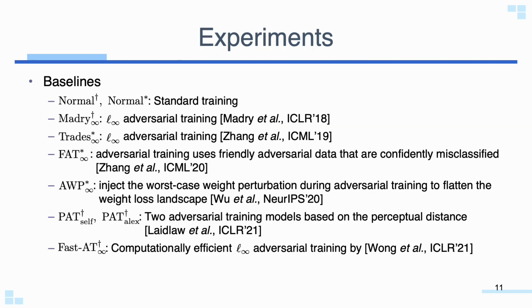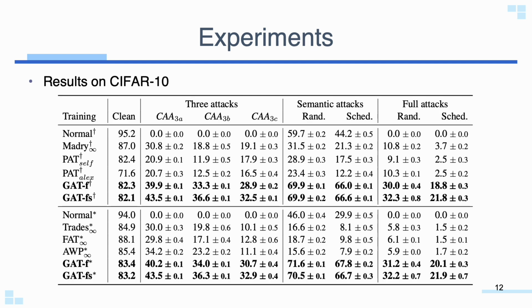For our experiments, we include a variety of baseline models in our setting. Each of them is considered a robust model. Our results on CIFAR are very promising, as we could see that GAT outperforms other baselines by a substantial margin, demonstrating that GAT could be robust to composite perturbations.